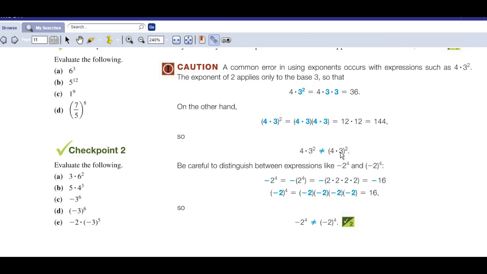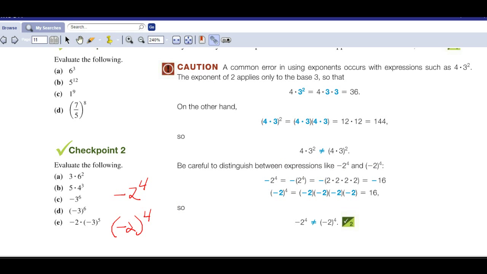Now, as I had mentioned before, there's a little trickiness every once in a while if you have something like this. Negative 2 to the 4th, and if you had in parentheses negative 2 to the 4th.